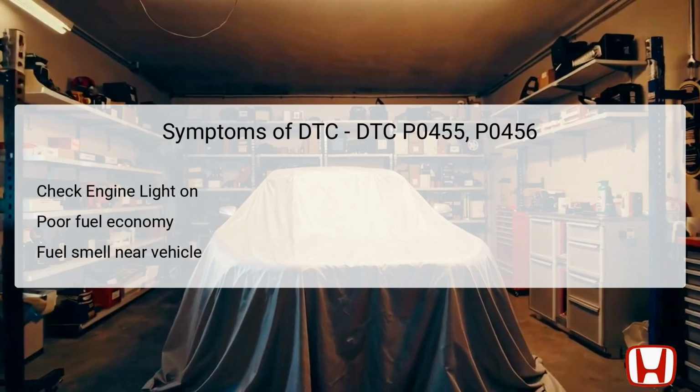In some cases, a noticeable fuel smell may emanate from the vehicle, which is not only an indication of a leak, but also poses environmental and safety concerns. Observing these symptoms can help guide further troubleshooting efforts for the EVAP system and its associated components.